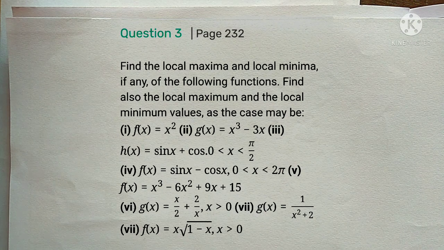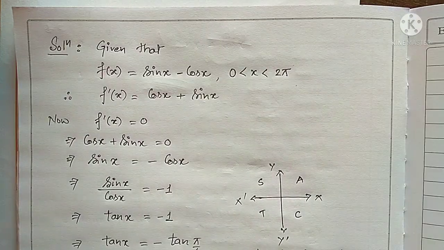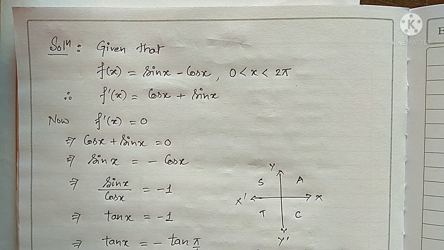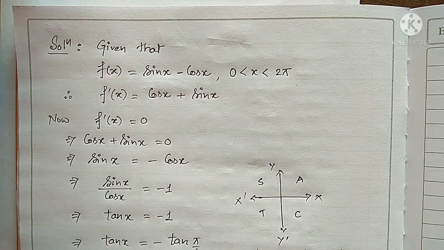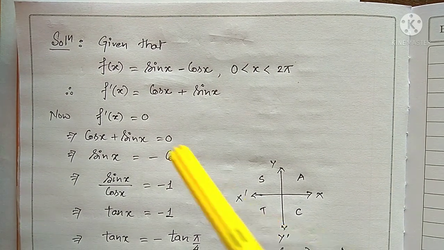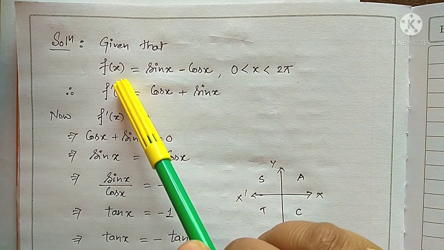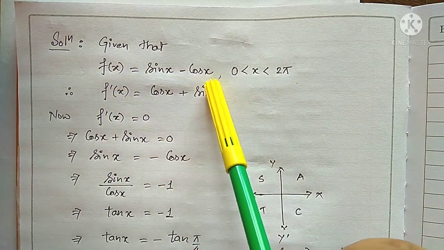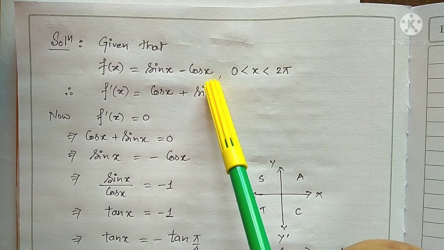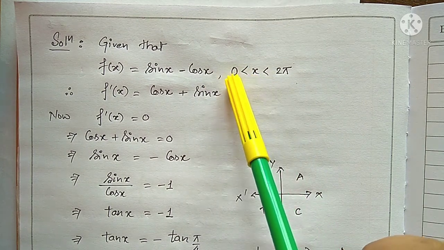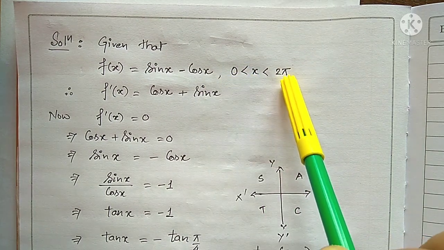Is it clear? Now if you see the solution, it is given in this way. First of all, the given function is f(x) = sin x minus cos x, and the range is written: x lies between 0 and 2π.